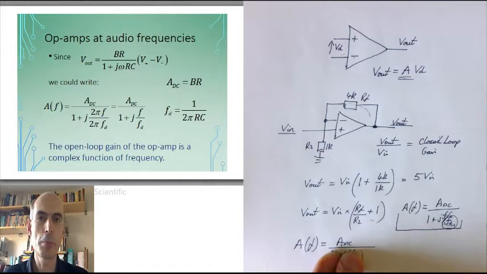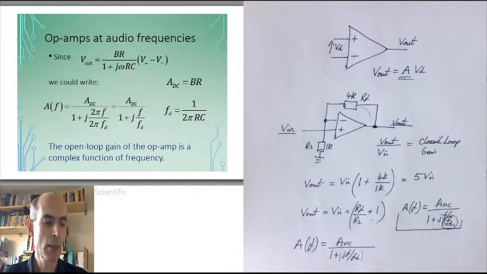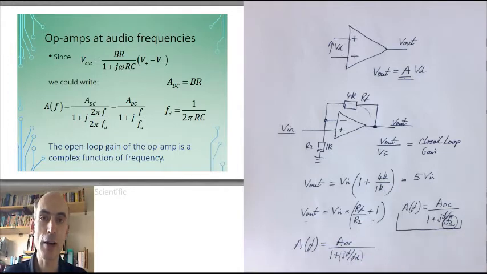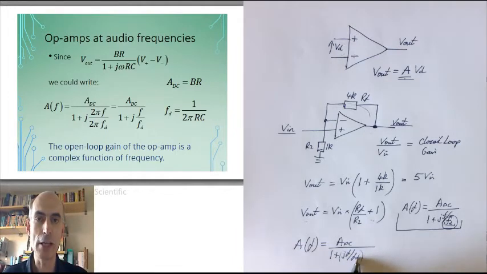We're just going to get the open loop gain is equal to its level at DC, its low frequency value. If f is much bigger than fD, however, then this term here is going to be much, much bigger in magnitude than the 1. We can neglect the 1. And now we have an open loop gain which is very much dependent on frequency. In fact, it's inversely proportional to frequency. The frequency at which this reduction in the open loop gain starts to have a significant effect is going to be around about this 3 dB frequency, around about the value where f is equal to fD.